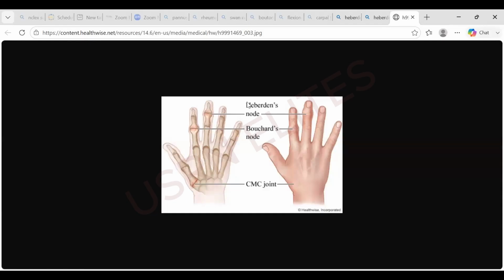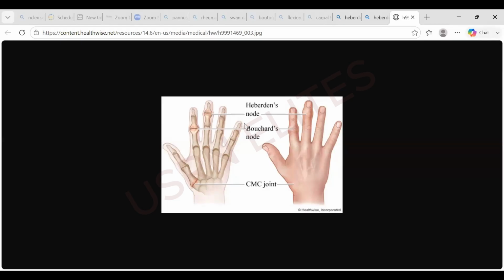Are you here? You see the Heberden's nodes. You can see there's a node here that's hard, firm, bony. It's not soft as in rheumatoid, because rheumatoid has to do with blood flow, so that one's soft.